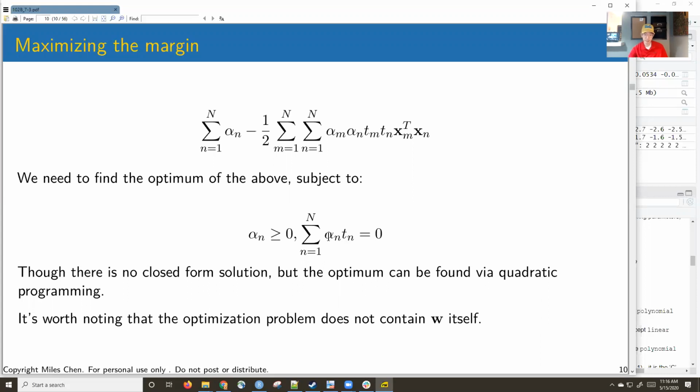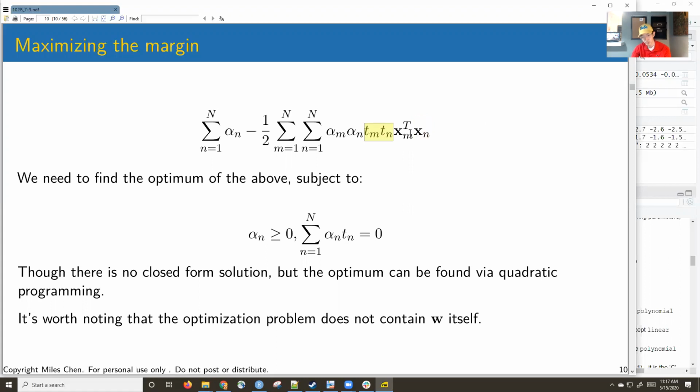What's interesting is that this function, the optimization problem, doesn't include W itself. So we just need to find the alphas that will optimize this. What value of alpha will optimize this? X is a fixed value and the t's are fixed values.